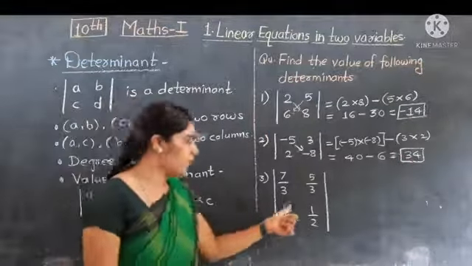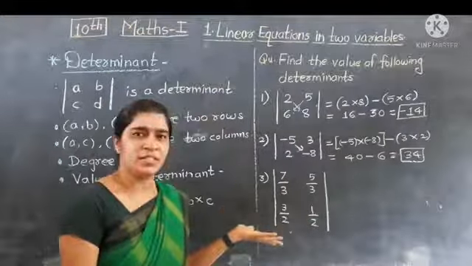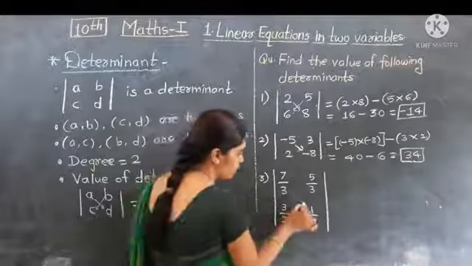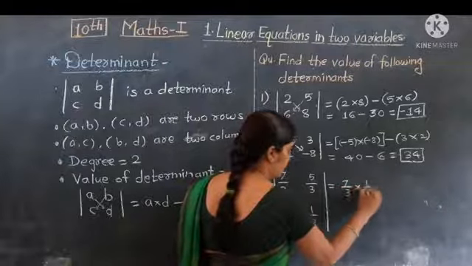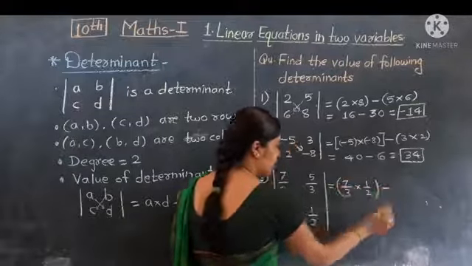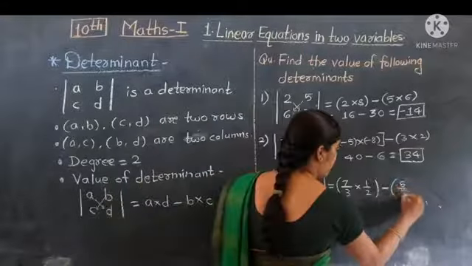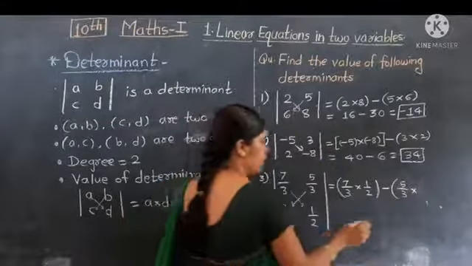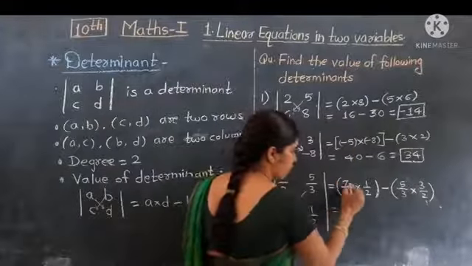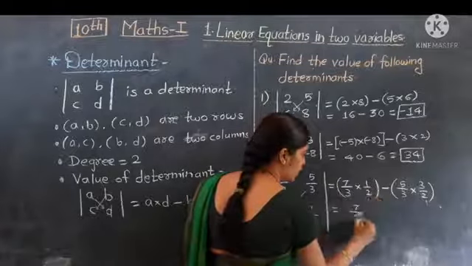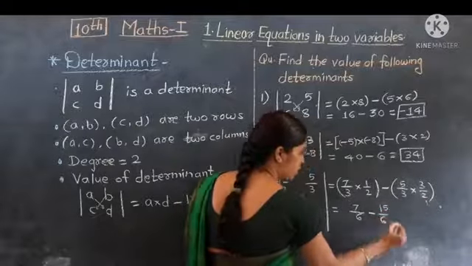Okay. Now here a fraction is there. So don't worry if there is a fraction. You calculate with the same procedure. First multiply 7 upon 3 into 1 upon 2. Middle sign is minus, and then multiply 5 upon 3 into 3 upon 2. 7 ones are 7, 3 twos are 6, minus 5 threes are 15 upon 3 twos are 6.